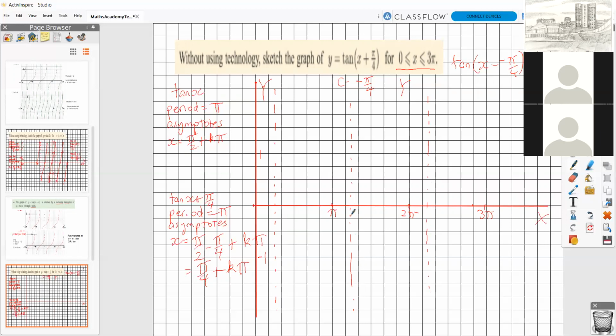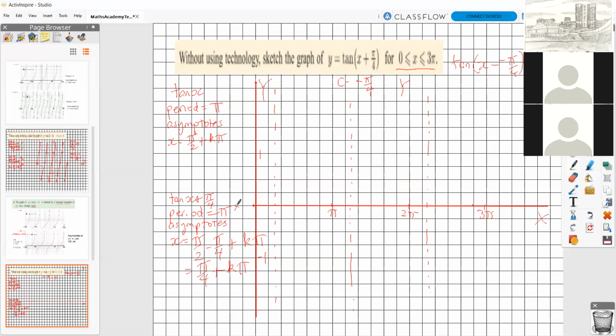That's the asymptotes. Okay, next thing we do, like in the other one, is the x-intercepts. The x-intercept that was here has gone pi on 4 to the left, so it's gone to there outside our domain.